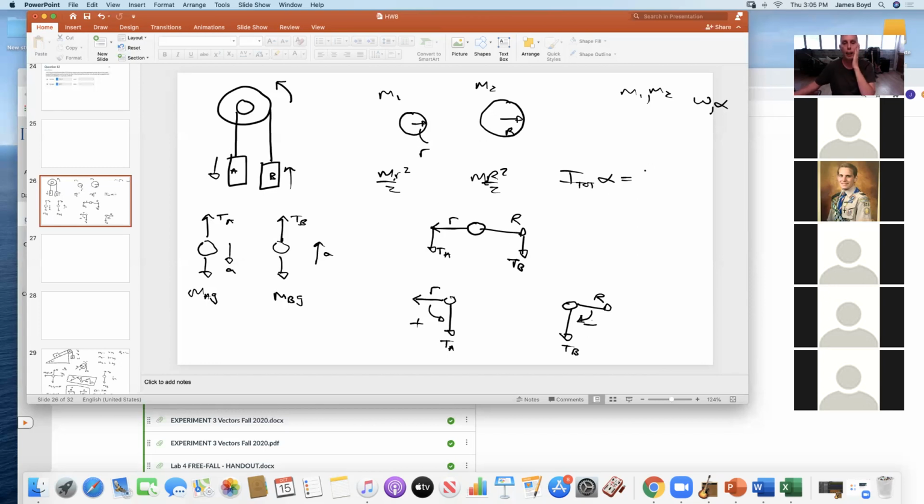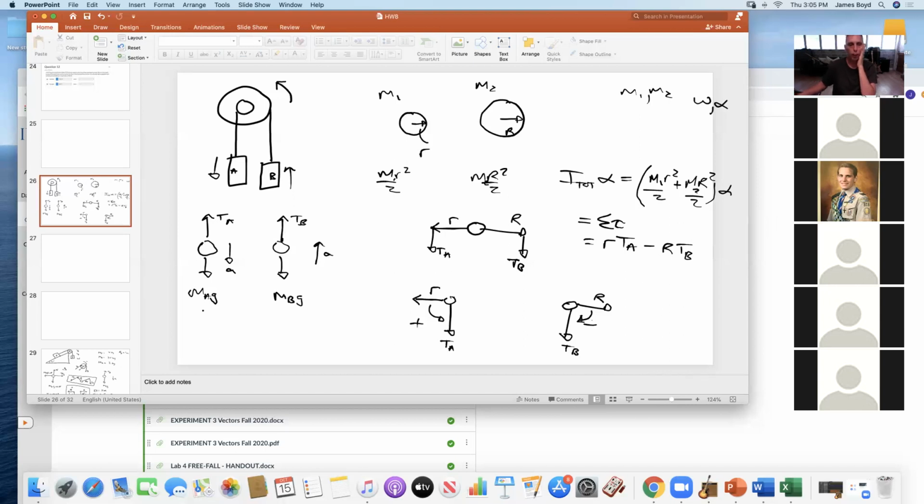So this is m1 little r squared over 2 plus m big R squared over 2 times alpha. That is equal to the sum of the torques on all of them. So that's equal to R TA minus big R TB.